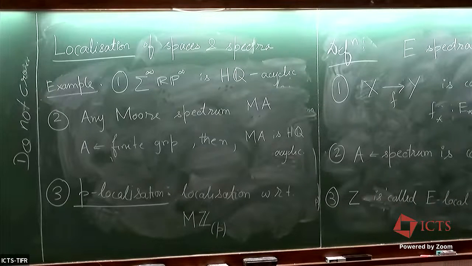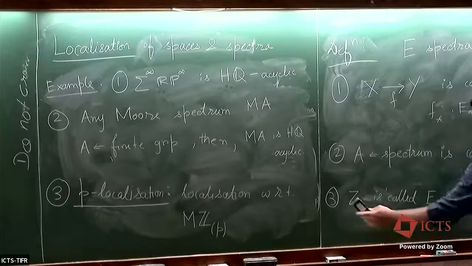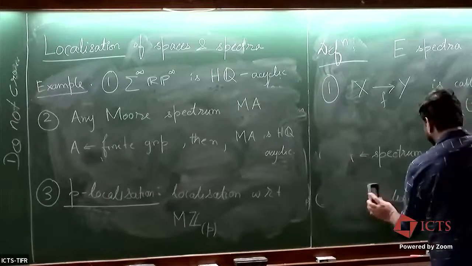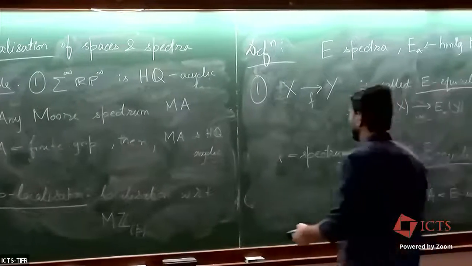That is where Bousfield's theorem comes into play, which says this localization with respect to a spectrum exists, and they have the properties like we have for topological spaces or even in the commutative algebra case. Okay, I shouldn't have rubbed this.